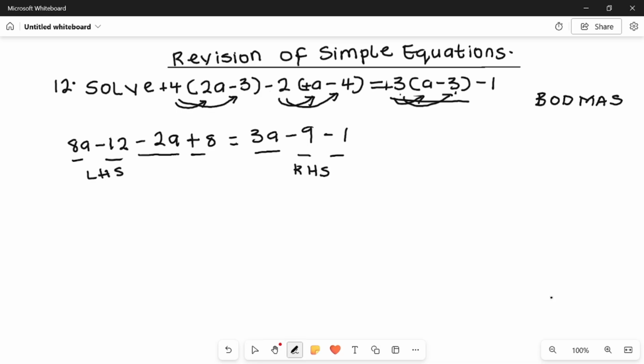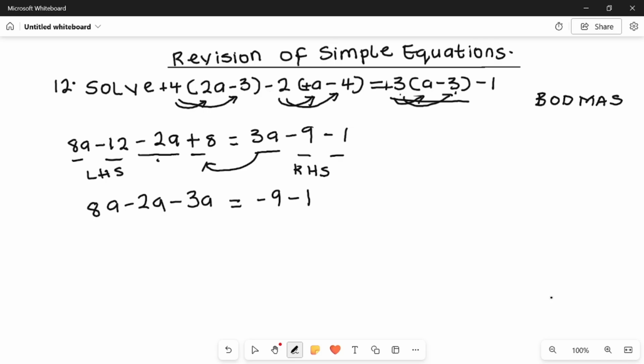So let's do that. So 8a will be here, minus 2a, 3a. If you move 3a to this side, remember the sign will change to become negative, so it will be minus 3a equal, here we have minus 9, we also have minus 1.